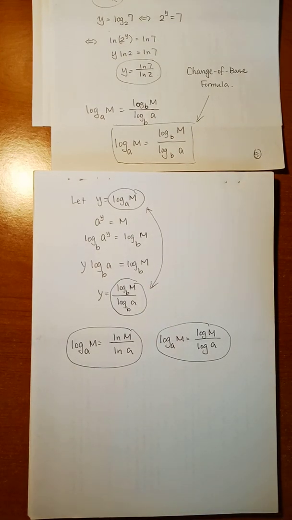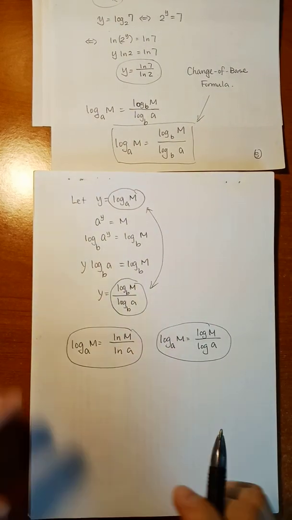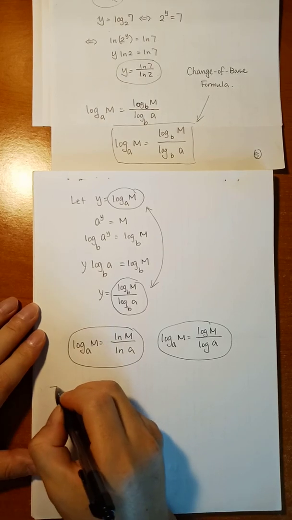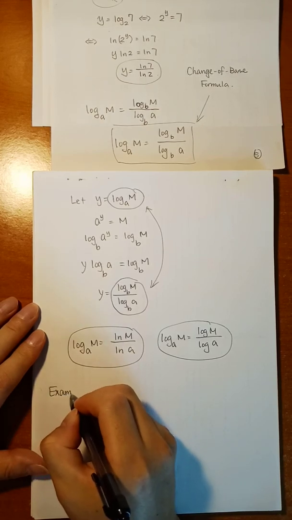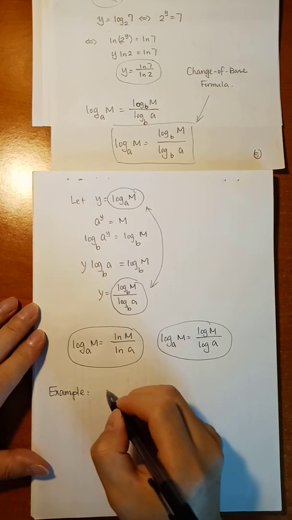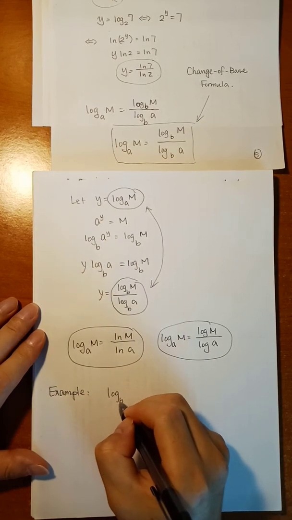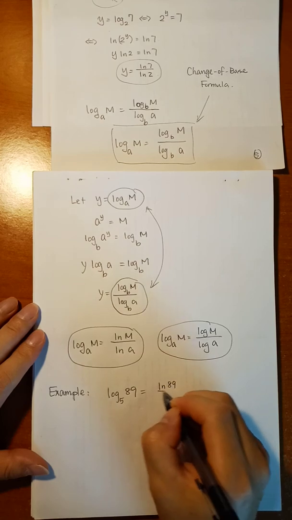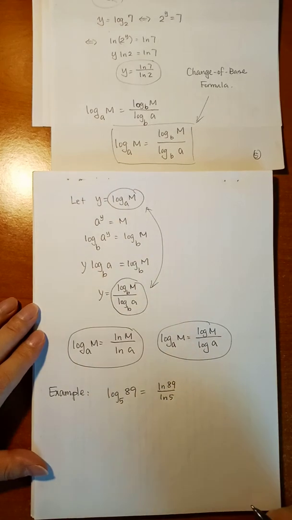Okay, so let's see the example. For example, if we have log base 5 of 89, it is equal to ln of 89 over ln of 5.